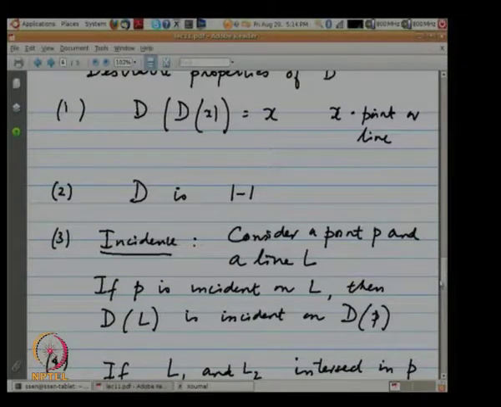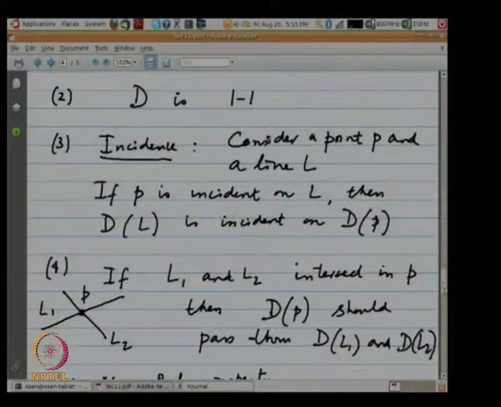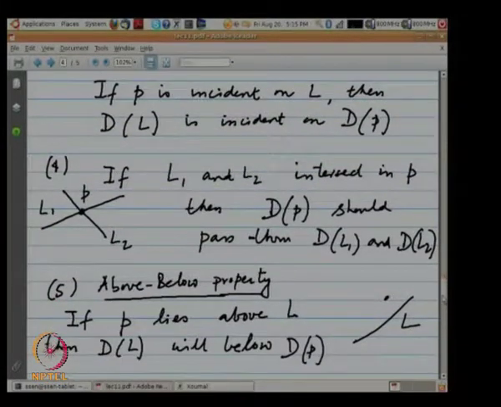That it is self inverse, it is 1:1, and there is this thing called the incidence property, that if a point P is incident on line L, then the dual of line L, which is a point, is incident on the dual of the point P, which is a line. And then, one of the consequences is that if L1 and L2 pass through a point P in the primal space, then the dual of these lines, which are points, will lie on the line that is the dual of that intersection point.